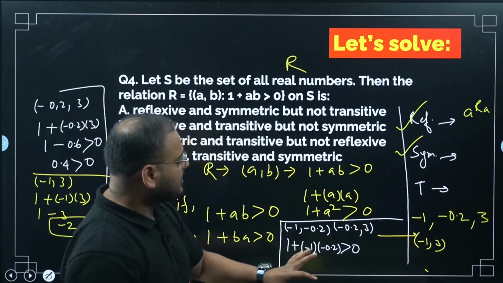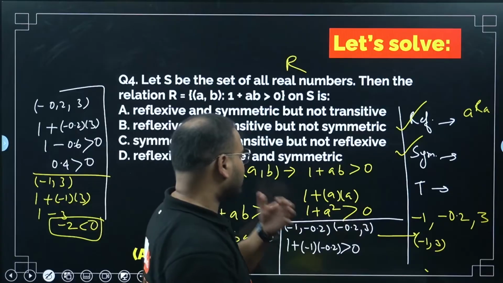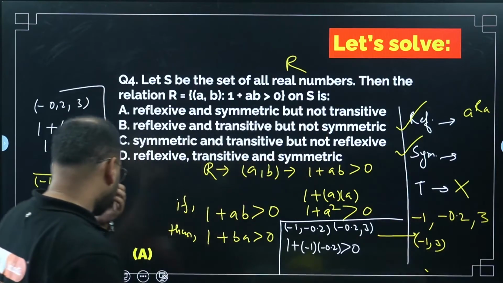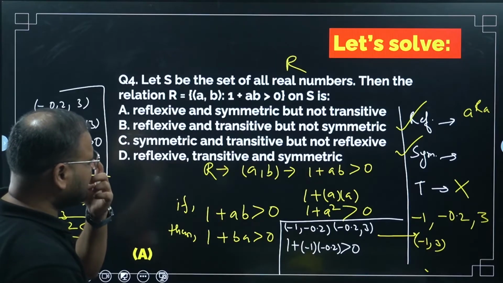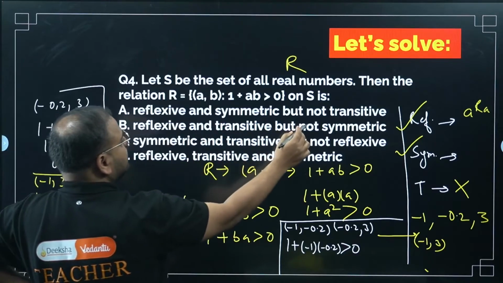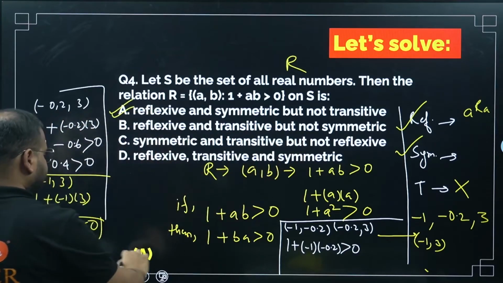Okay. It means that this cannot be transitive. So reflexive yes, symmetric yes, transitive no. So option A.